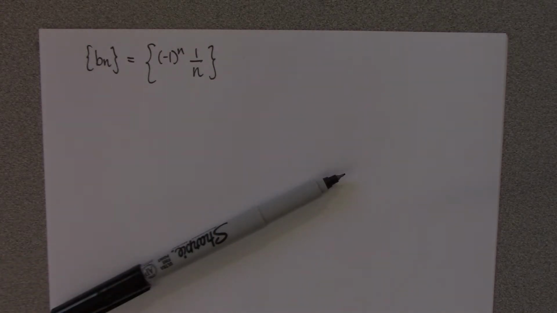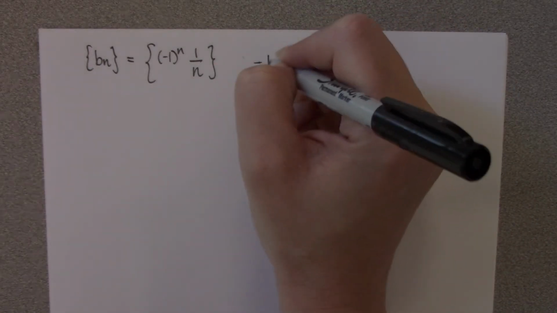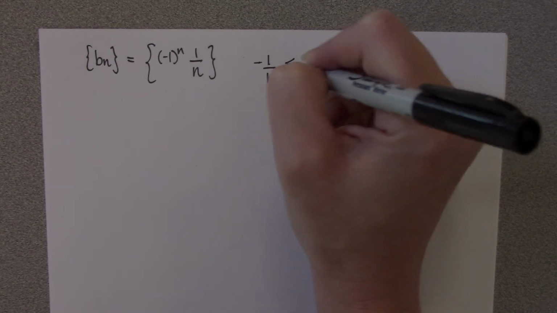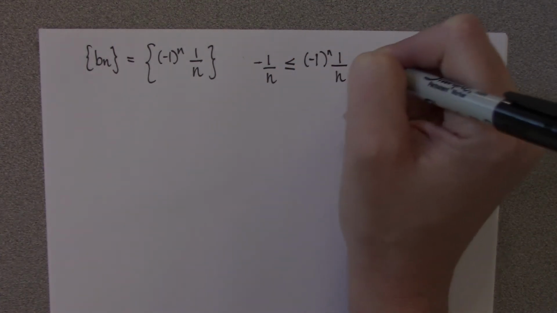So if you see a sequence where the values are going positive, negative, and you want to write the equation for the pattern, you have to put an alternating term in there so that way you're getting that happening to you. So just like with cosine and sine, well, I know that that value will always bounce between -1 and 1. So I can literally rewrite the function like this.